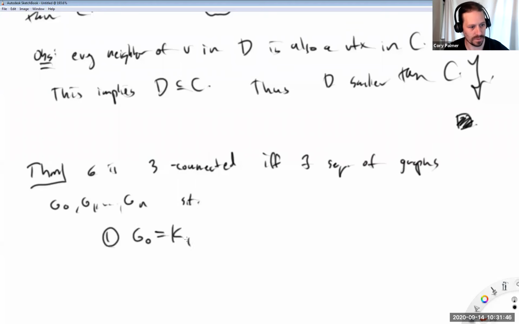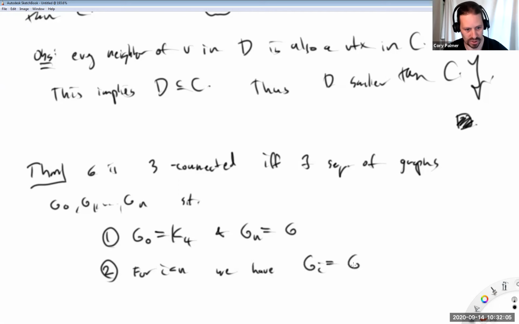G0 is K4, and Gn is the graph G. And what's the connection between any two consecutive ones, like Gi and Gi plus 1? So for i strictly less than n, we have that Gi equals Gi plus 1 contracted along some edge xy, where xy is an edge, I mean, you don't contract along anything other than an edge, such that the two end vertices of it have degree at least 3.